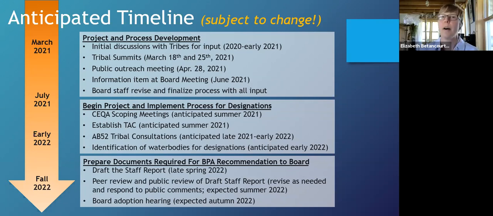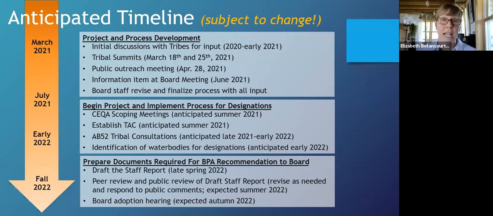That's not what we're going to be looking for. But if there are waterways that a tribe is interested in designating for coal, starting to get that information together, or at least talk about the process now, makes sense. When we start formal consultation, and really a tribe is welcome to reach out to us for a conversation with their council or whoever at any time.